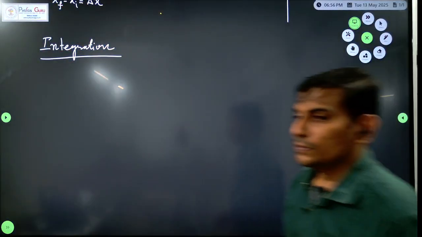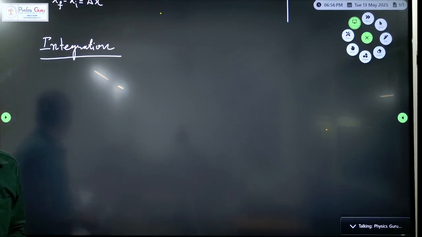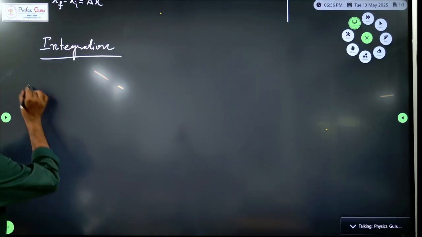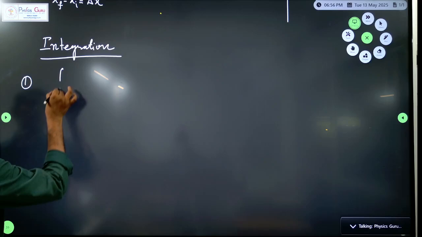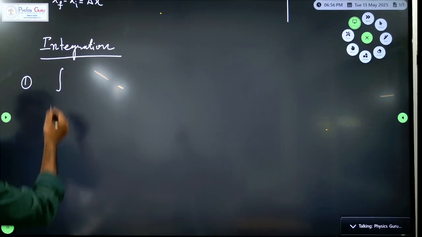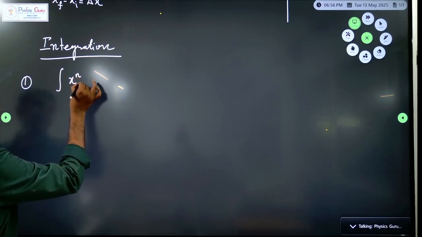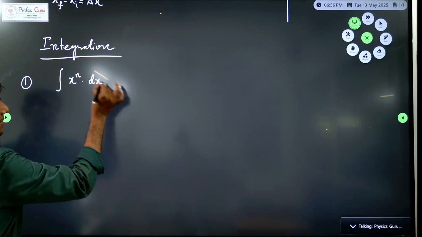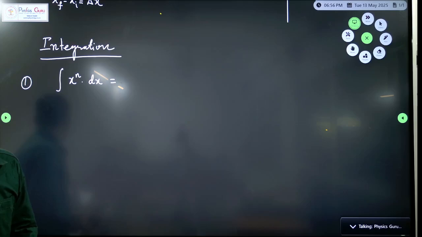Yes. Now we have taken the integral formula. Fine. Shall we use it? I'm going to use the first formula here. In the first formula, I take the integral of x to the power n dx, which is equal to, guide me sir, what's the formula?